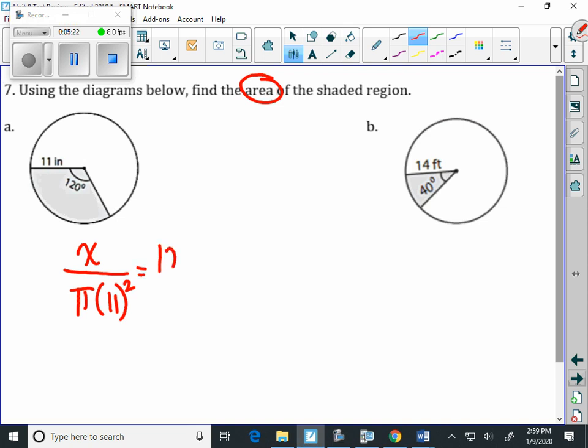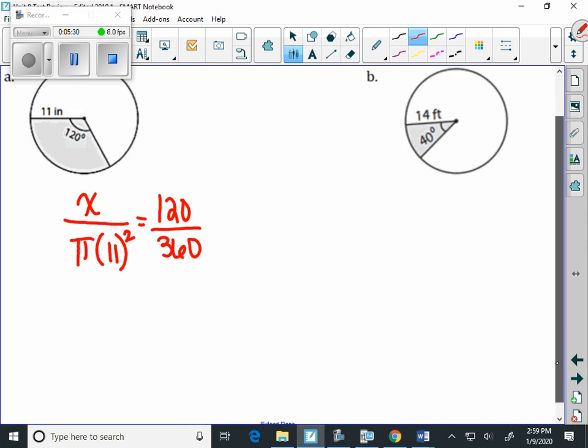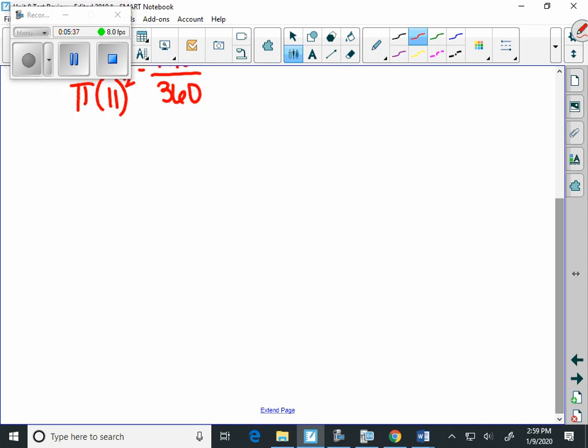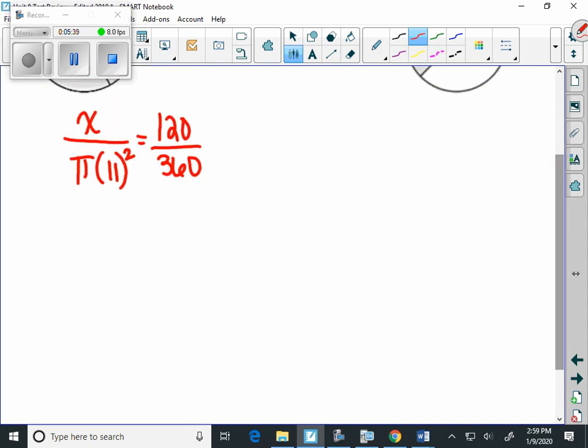Still going to use our central angle of 120 degrees divided by 360. This measure of the central angle has the same value as the measure of the intercepted arc. And again, we can simplify that just a little bit before we actually apply the math. We get x divided by 121 pi equals 120 divided by 360.